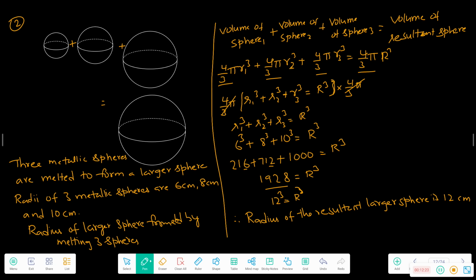Now the third one, third problem, third question. A 20 meter deep well of diameter 7 meter is dug, and the earth got by digging is evenly spread to form a rectangular platform of base 22 meter by 14 meter.